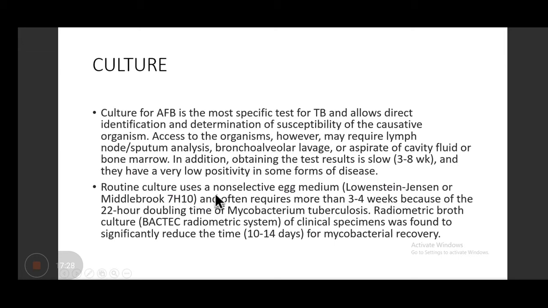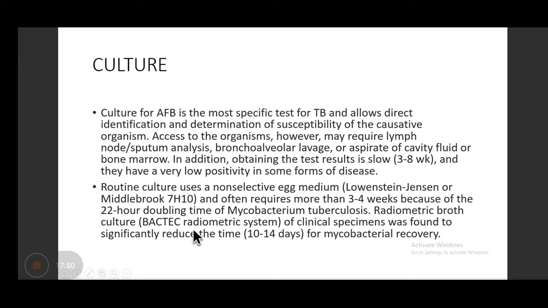The routine culture used is a non-selective egg medium, LJ medium, Lowenstein Jensen, or another medium, Middlebrook 7H10. This often requires more than 3 to 4 weeks because of the 22-hour doubling time of Mycobacterium tuberculosis. So you should know the doubling time is 22 hours.